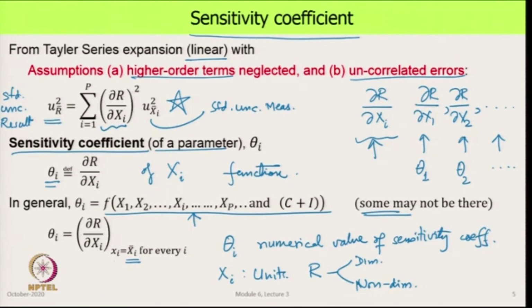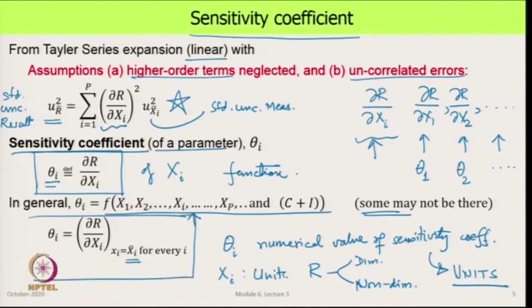So, theta I would generally have dimensions. There will be some cases where theta I itself could be non-dimensional. So, in general, this has to be accompanied by the units that came out of the formula. So, that is our basic definition of the function called the sensitivity coefficient, and this is the formula for calculating its value.